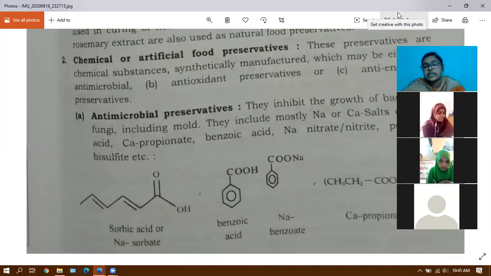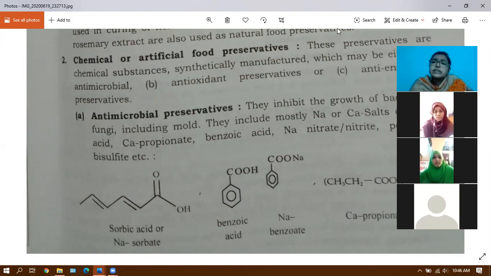Antimicrobial preservatives. These preservatives are sodium or calcium salts, calcium propionate, benzoic acid, sorbic acid, or sodium sorbate. How does it work?